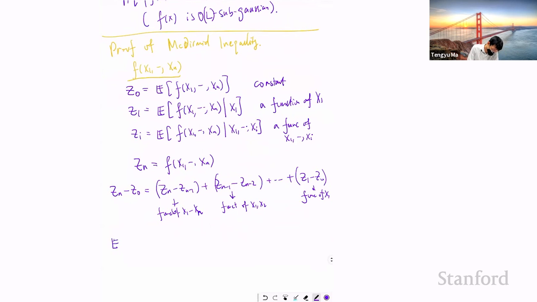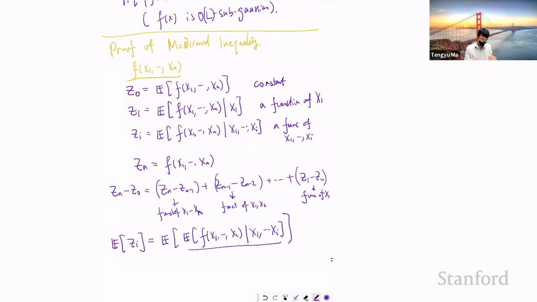First of all, we know that for every zi, the expectation of zi is the expectation of f(x1 up to xn) conditioned on x1 up to xi. Inside you have a function of x1 up to xi, and then outside you average out all the randomness of x1 up to xi again. So this equals the expectation of f, by the total law of expectation: you take the expectation of the conditional thing, then you get the expectation.